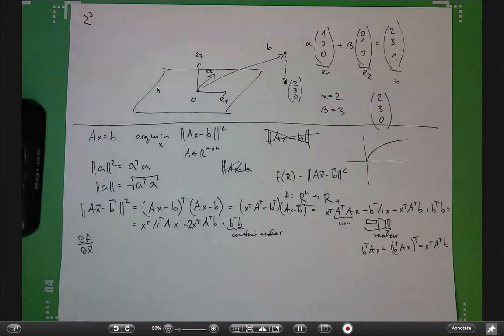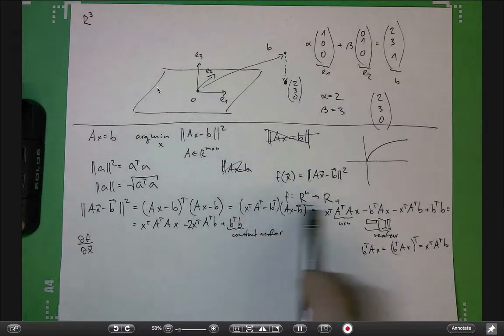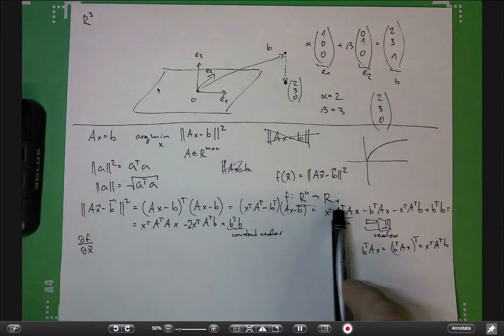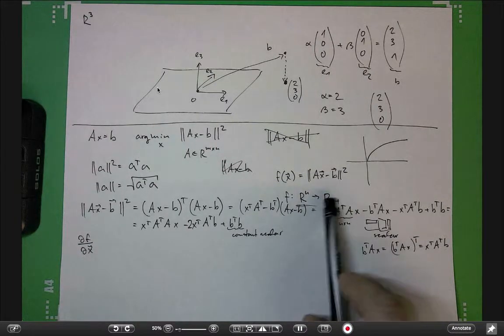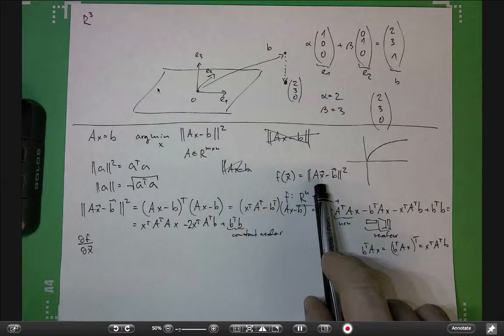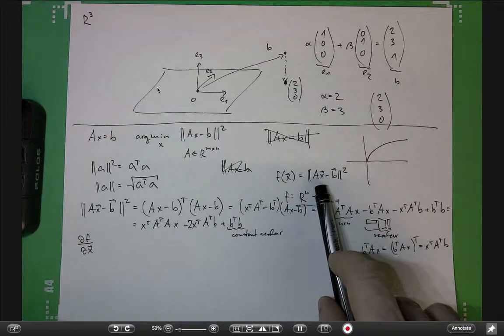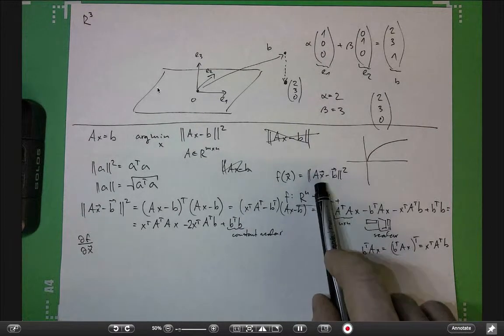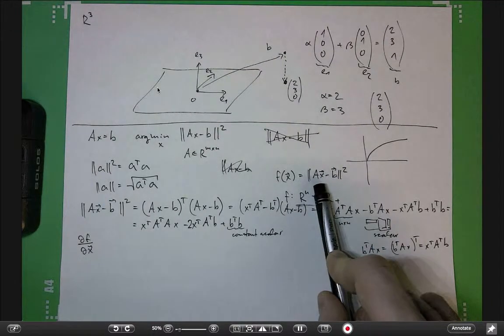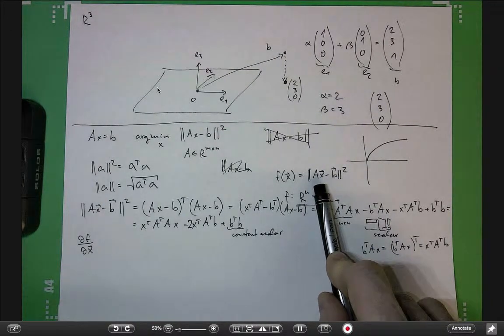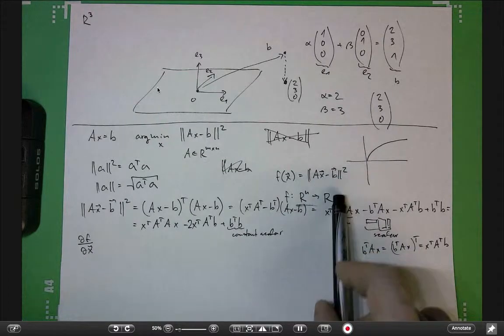The gradient is going to be a vector, because we have a scalar function here. And the gradient is essentially just the linear approximation of that function. It's a quadratic function in this case, so it does change from point to point, but in a very simple way.